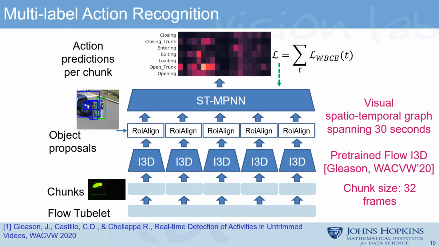We pass this graph through our ST-MPNN and obtain context-aware actor embeddings. We feed those embeddings to action classifiers, and the output is a set of scores for each activity in each chunk. The ST-MPNN and action classifiers are jointly trained with a weighted binary cross-entropy loss to tackle the class imbalance.